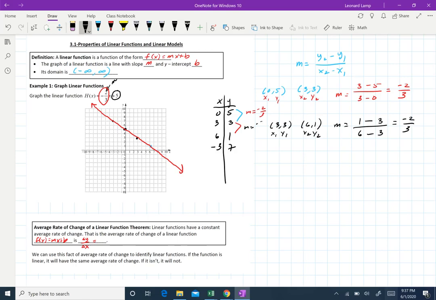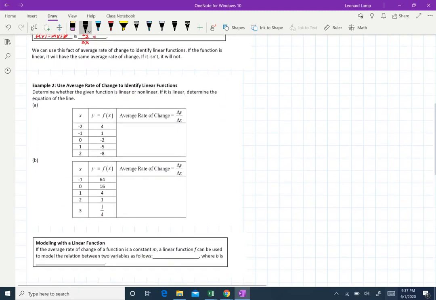And each time, as I'm guessing you would know, we'd get another negative 2 over 3. So if we're looking at a function in terms of its xy points, and we find the slopes between them, and they have to be this same consistent constant number, we know that what we're dealing with is a linear function. So that's what they're asking us to do in example 2 here.